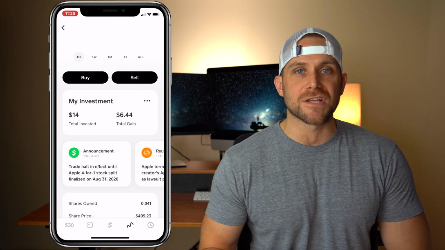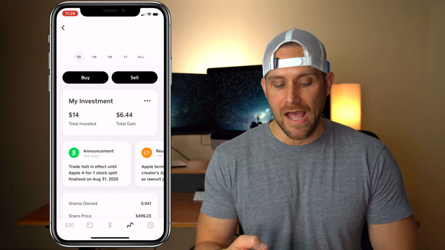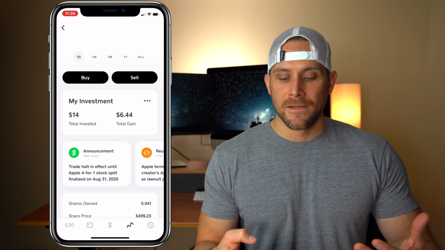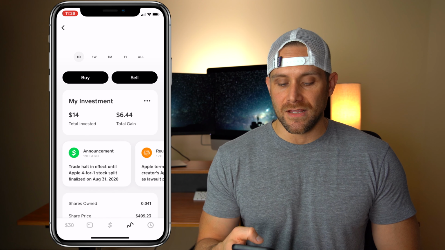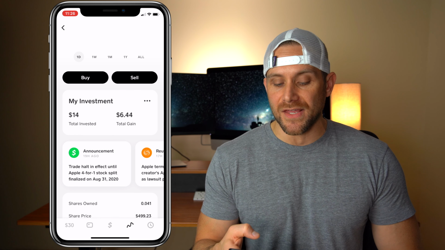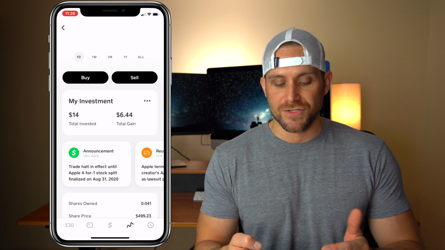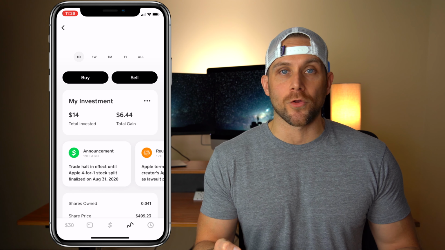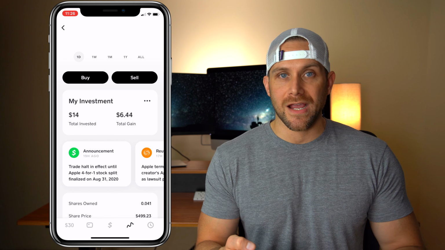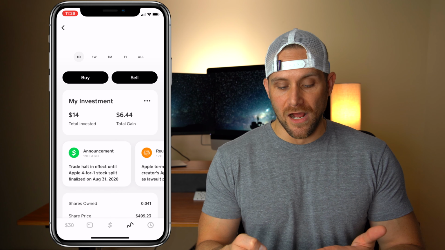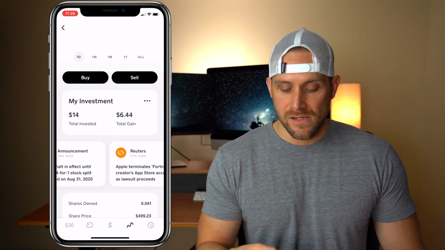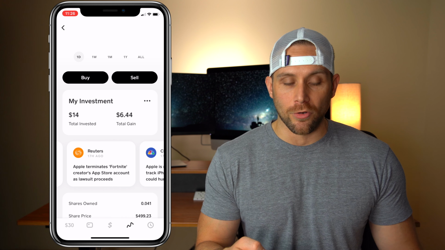So another feature that I like about Cash App that they added since I first started using the account or the investing app side of things is they show news on a specific company. So as you can see, there's certain announcements and news articles that websites write that you can kind of look at. So in this case, you've got an announcement about how they did a stock split. You've got an article from Reuters.